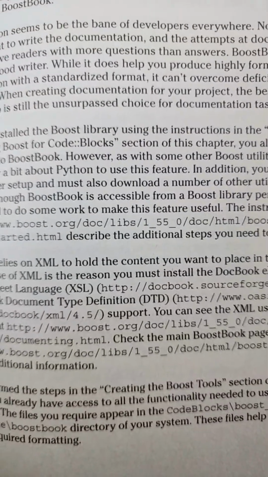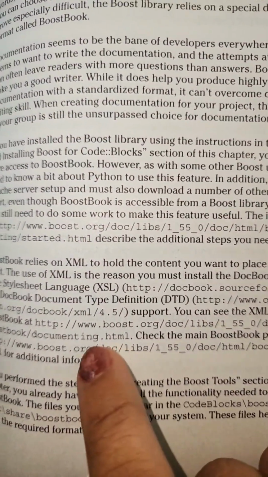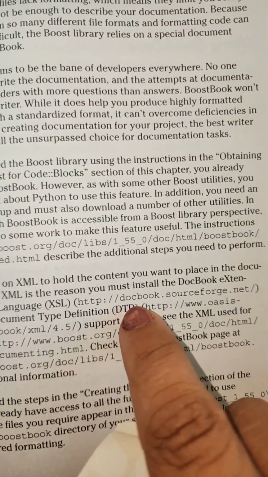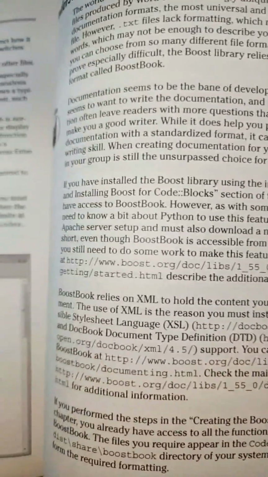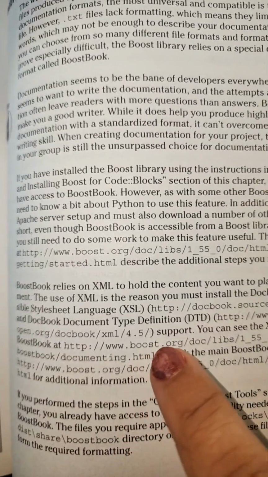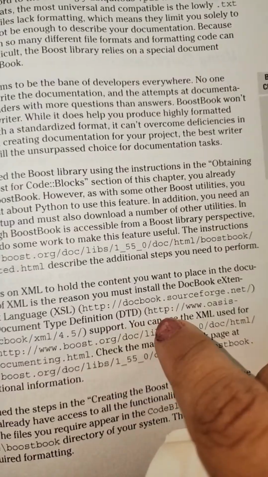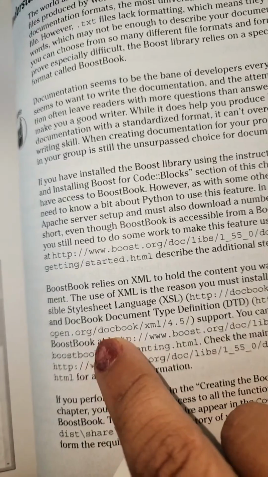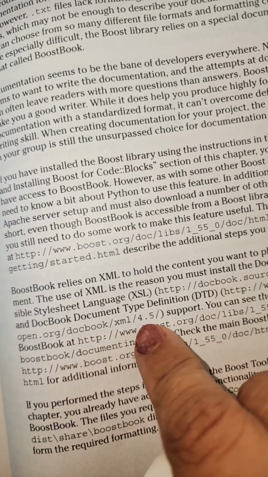The use of XML is the reason you must install the DocBook Extensible Style Language, XSL, at http://docbook.sourceforge.net/ and the DocBook Document Type Definition, DTD, at http://www.oasis-open.org/docbook/xml/4.5/support.